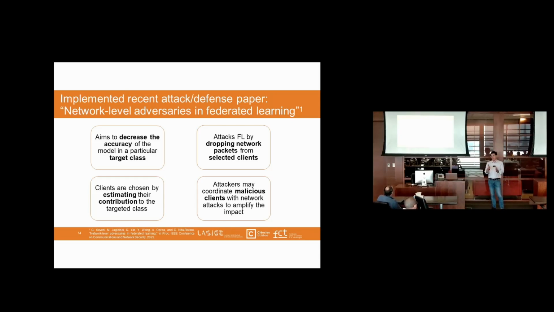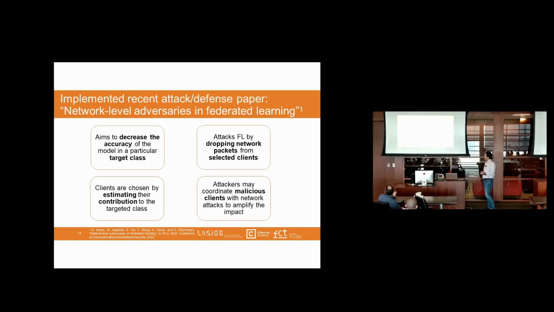Then we compared what we were observing in FADO with the original paper, trying to understand if we could reproduce the same sort of behavior. So let me give you a brief introduction to the attack. The aim of the attack is to decrease the accuracy of the model in a particular target class. How do you achieve that?